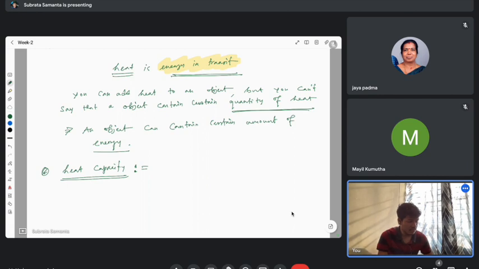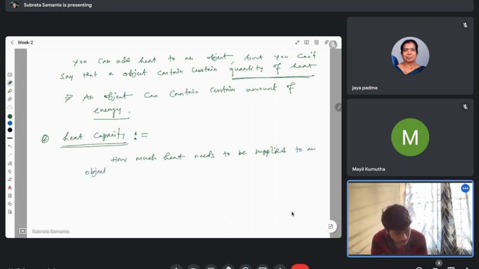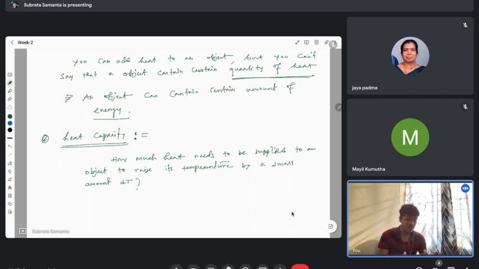Heat capacity is a slightly different way of talking about it: how much heat needs to be supplied to an object to raise its temperature by a small amount dT. That is the heat capacity.